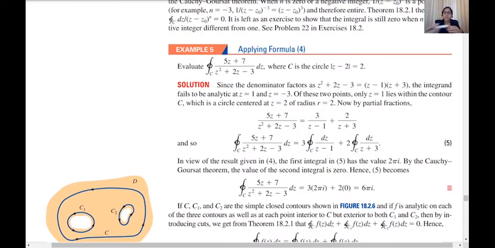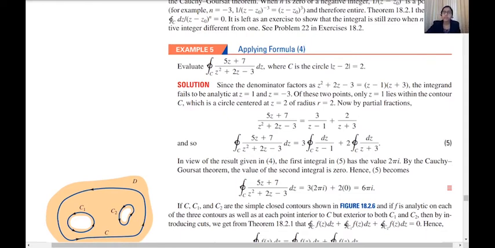Next, we will use partial fractions to separate this into a comfortable form, that is, dz by (z − z₀) raised to n, in terms of z − 1 and z + 3. I would recommend you go through the process of partial fractions which you learned in high school and keep that in mind.